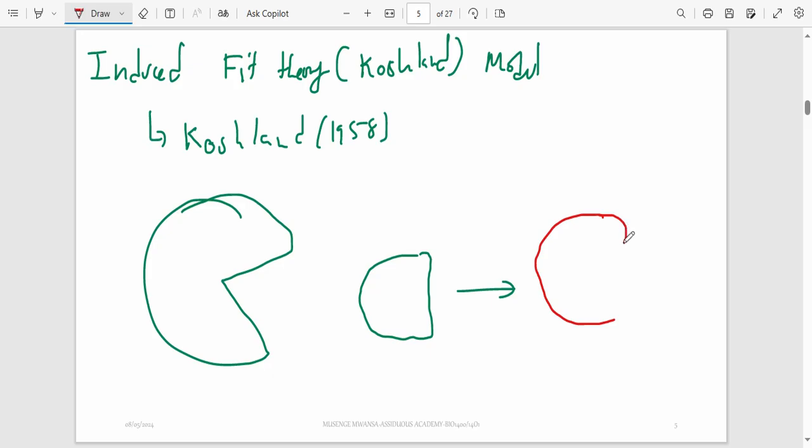So the enzyme gains a shape like this, and now the substrate can come and bind there to be able to fit. You can see how it has changed. So that is the induced fit theory or model. That is what you need to take note about this theory.